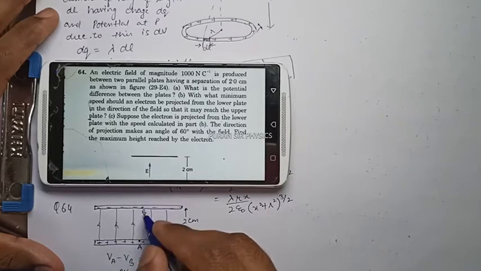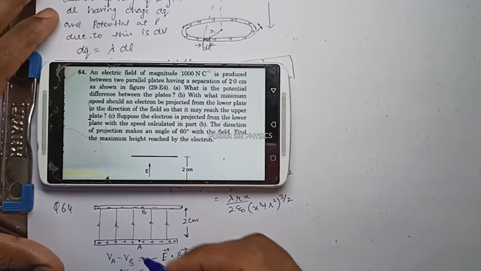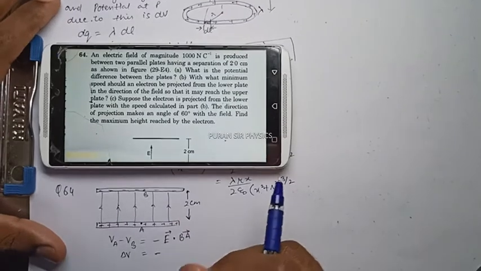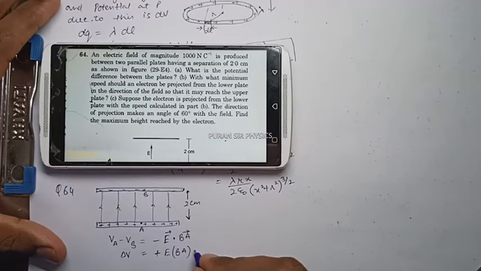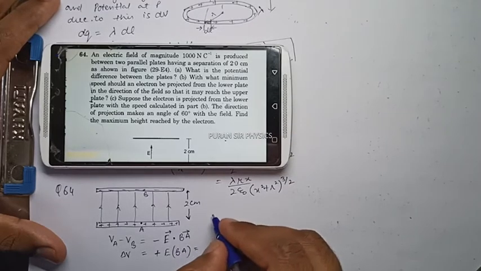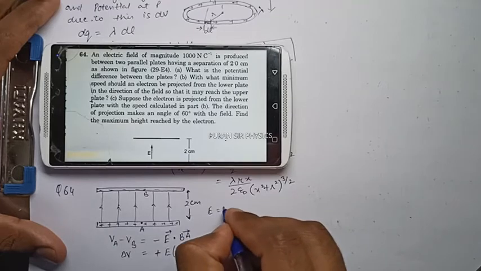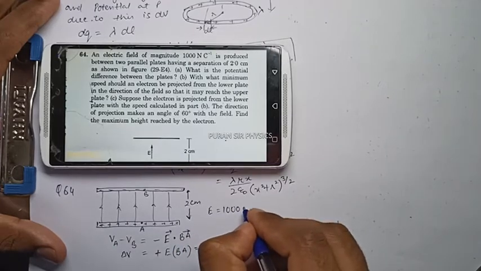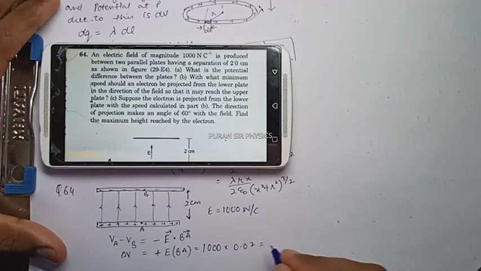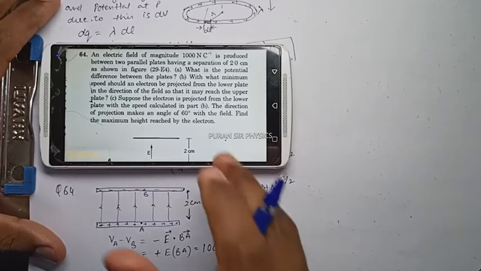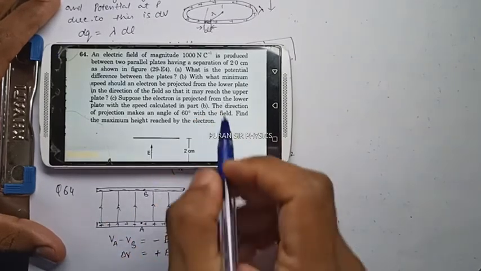Now the electric field is in this direction and the displacement is in this direction, so they are opposite in nature. So this will be plus E into BA. E is given as 1000 Newton per Coulomb, so it will be 1000 times 0.02, so it will be 20 volts. So the potential difference between the two plates will be 20 volt.